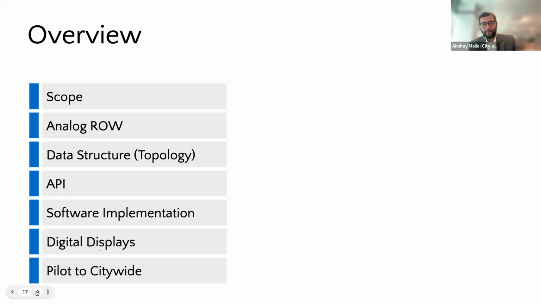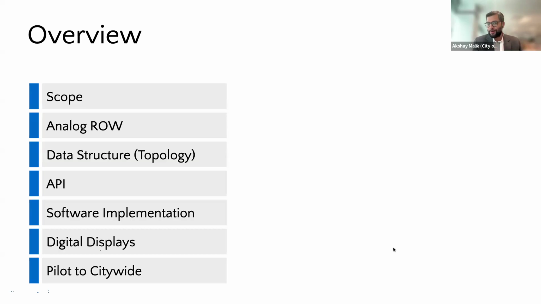So yeah, a quick overview of what I'm presenting, a quick scope of what we do and what we don't do in this project. There are other projects that we are working on in partnership with the Streets Department, and this one has a narrow scope, but we'll talk about that. Then I'll talk about the current state of analog right-of-way management, and the data structure, which is also referred to as topology in some of our documentation.